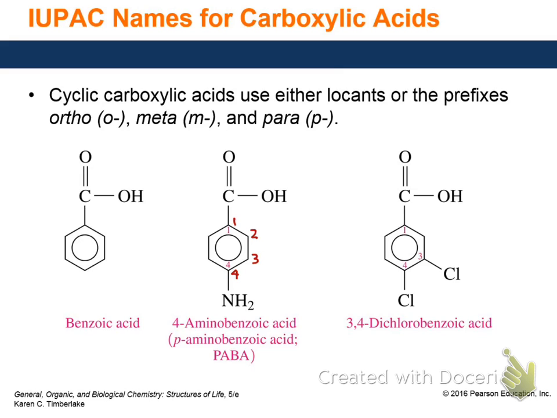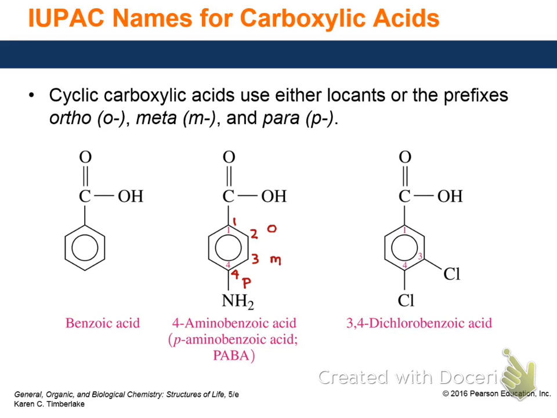So that one is 4-amino. That's what we call an amine as a substituent, for aminobenzoic acid. But we also learned before that you can do ortho, meta, and para. If it's on the 2, this is the ortho position. If it's on the 3, it's the meta position. If it's on the 4, that's the para position. Okay, that's kind of a reminder.